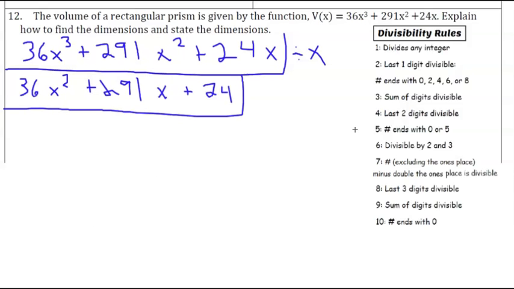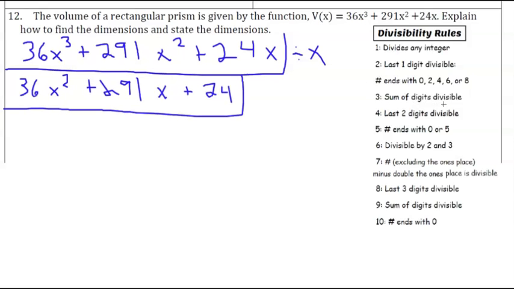So let's go through these. The last digit is divisible. It's a 0, 2, 4, 6, or 8. Now, these two work, but this middle term does not divide by 2 because it's an odd number. So it can't be divisible by 2.